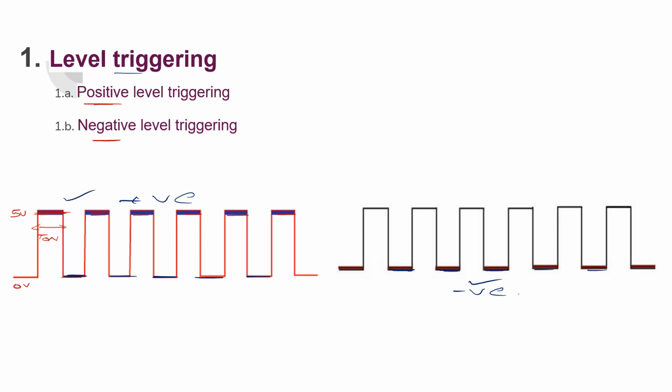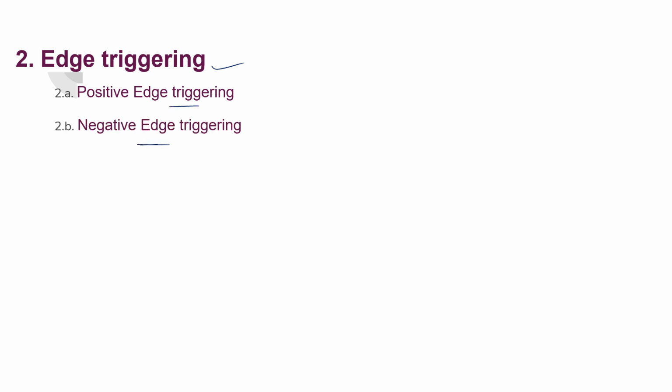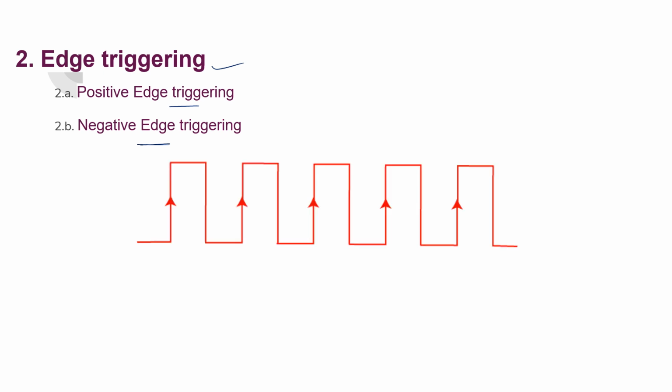Then we will go for the second one, edge triggering. Again here also two types. One is positive edge triggering and the second one is negative edge triggering. First I will show you positive edge triggering. Now see, the cycle consists of rising.